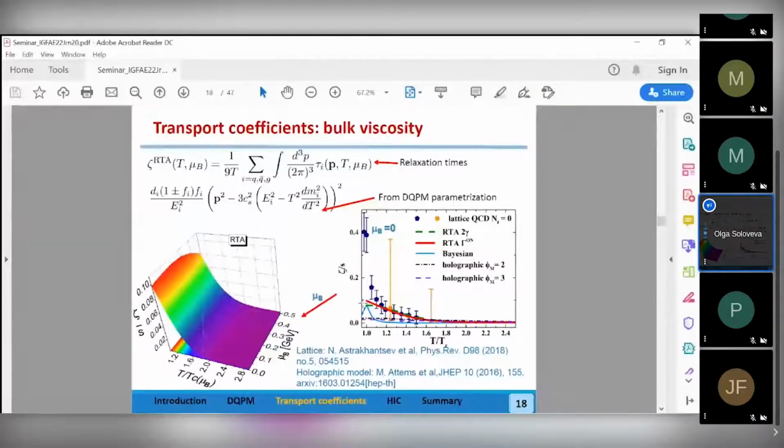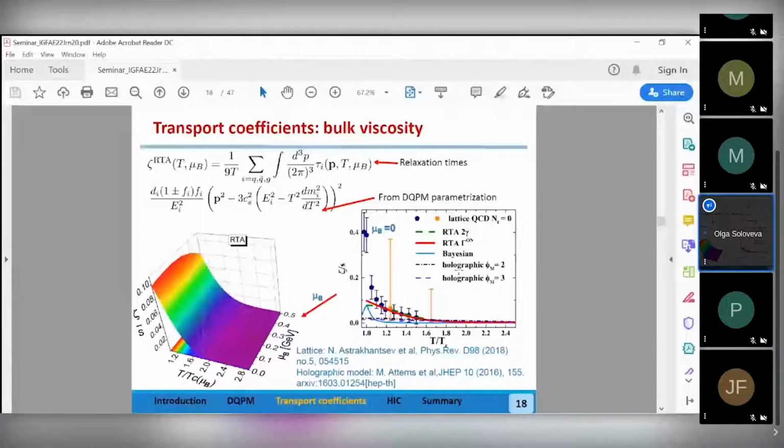You can see that our data are very close to lattice estimations, and you can see here, for example, the estimation from the holographic model of Maximilian for a few cases.